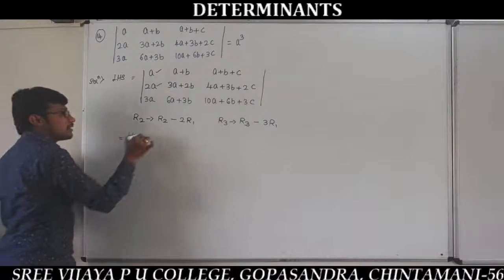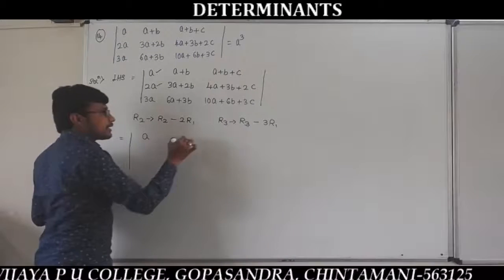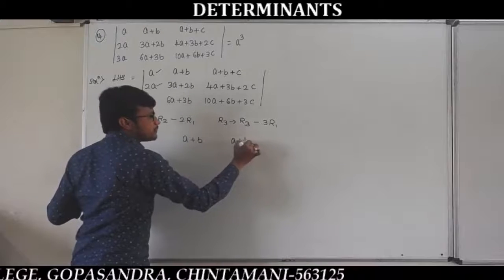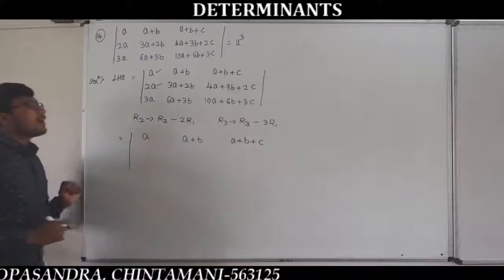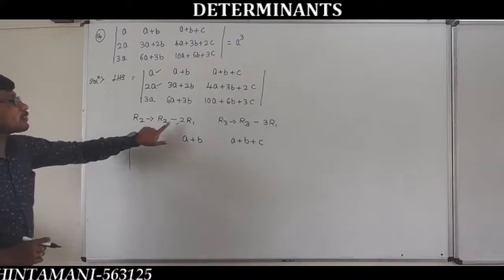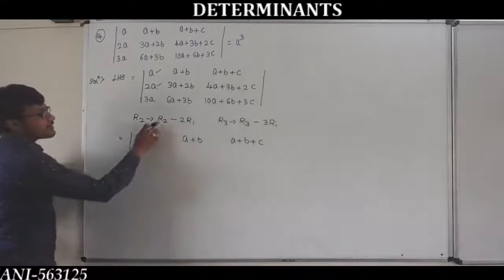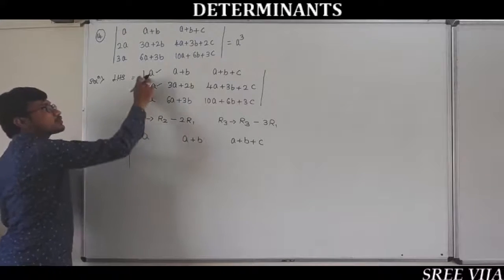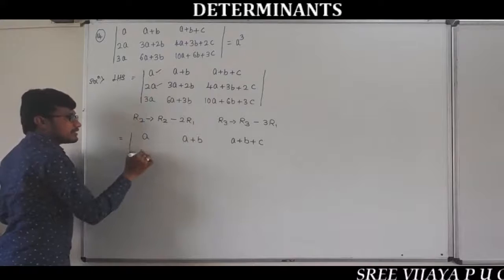So what is R1? It is a, a plus b, next a plus b plus c. So this is R1. What about R2? R2 changes to R2 minus 2 times R1, right? What is R2? R2 is 2a, minus 2 times R1, which is 2 times a, so 2a minus 2a you get 0.